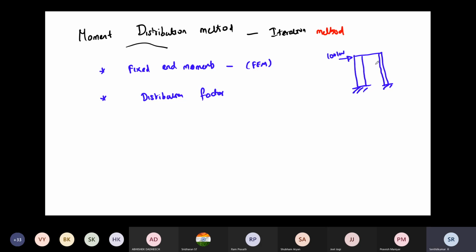Can you please guess how much load will pass through these two columns? Not an exact value. For example, this is A, this is B. Which one will carry more load, or which one will attract more load? Higher stiffness or lower stiffness?